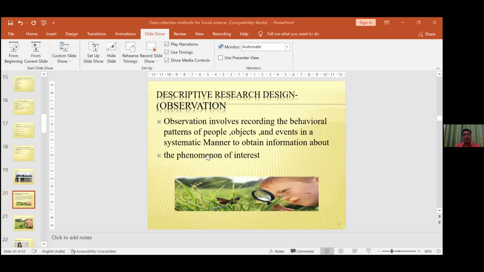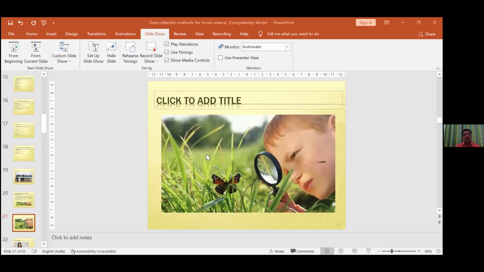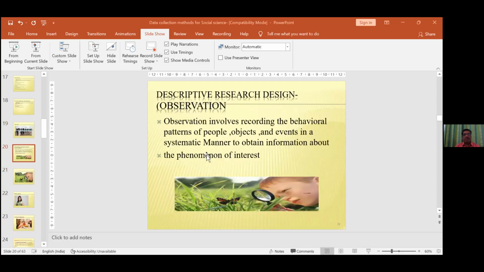Similarly, you can also collect data through the observation method. What is meant by the term observation method? Certain things can be explained, and certain things can be experienced. So we cannot collect all the data through the questionnaire method itself.